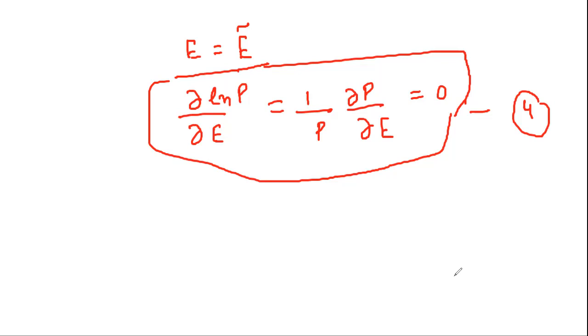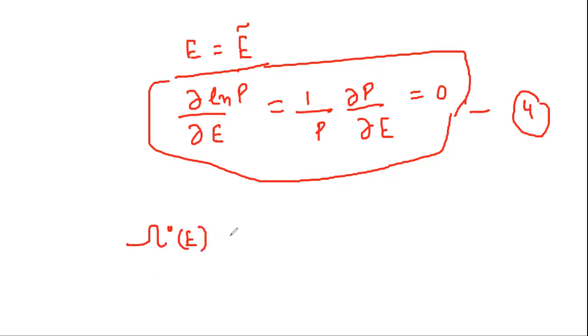Now to do this, we need to first figure out what ln P is. For that, we need to understand one thing. I can write sigma naught of E. What is that?